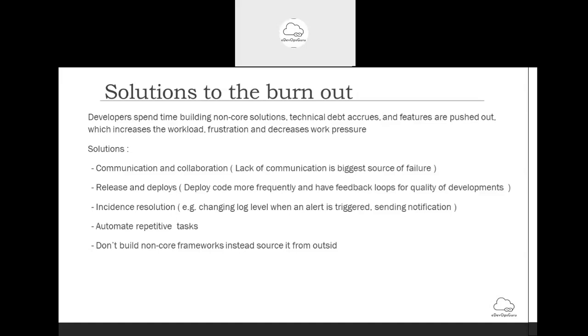Then if we have incident resolution, this incident resolution is also a part of communication and collaboration. For example, if we have an alert mechanism, when some scenario fails, like user login fails, and you are able to get the alert that this user login failed, and this is the reason.